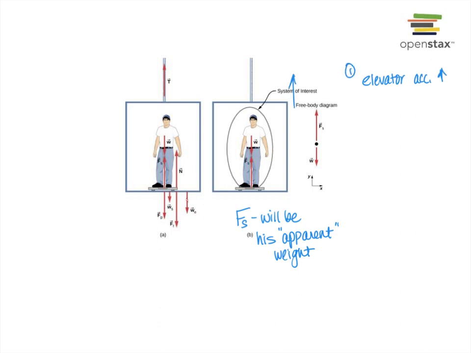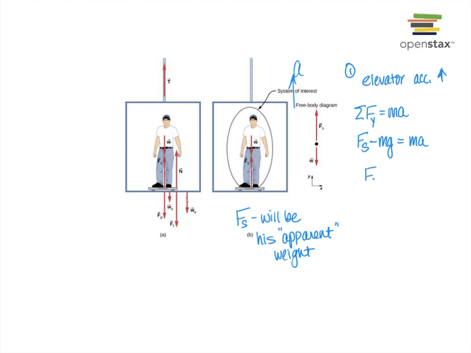So we're going to say our acceleration is up. We look at the forces acting in the y direction and set that equal to the mass times acceleration. So we have the force of the scale minus his weight, mg, equal to ma. Because the acceleration is up, that's positive.